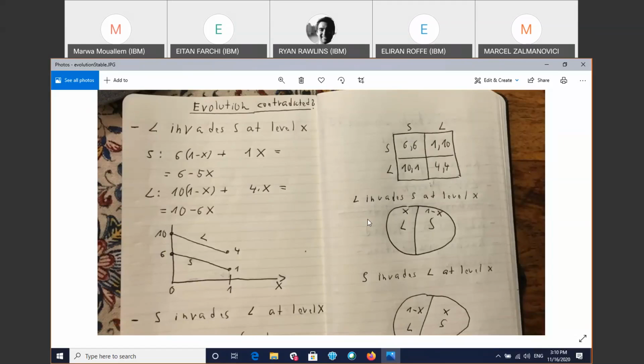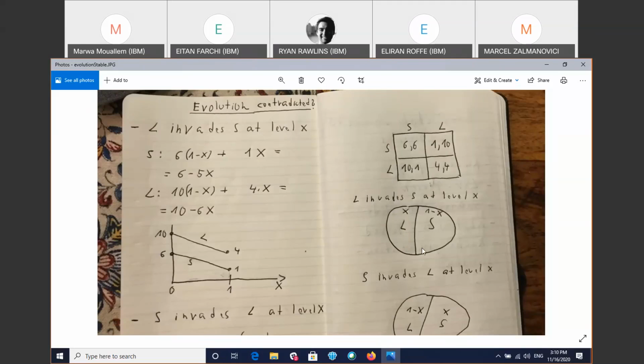Okay, so think about it as, say we have a situation where L of the large type invaded. Then basically we're looking at a meeting of large and large in certain probability, or large and small in certain probability, or small and large in certain probability, because of these percentages.